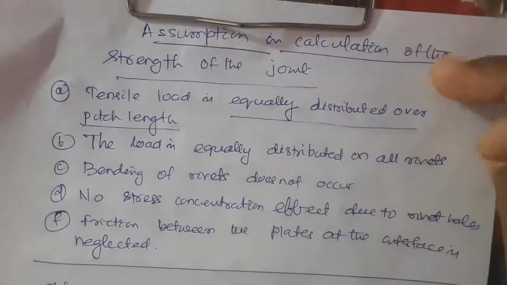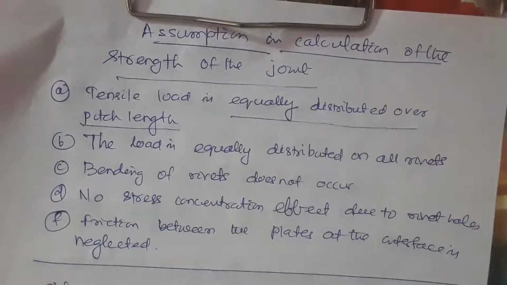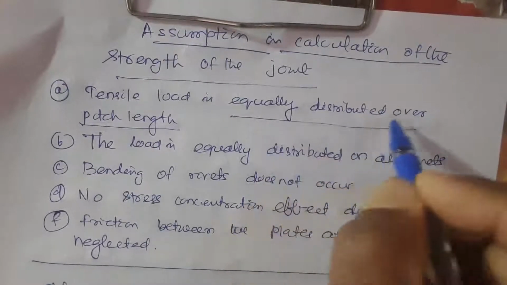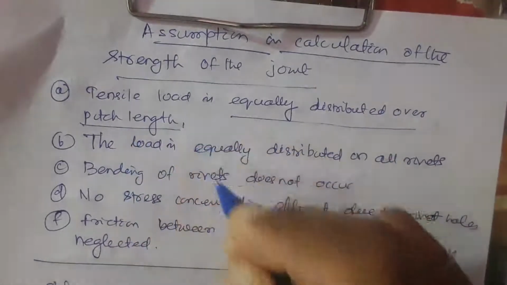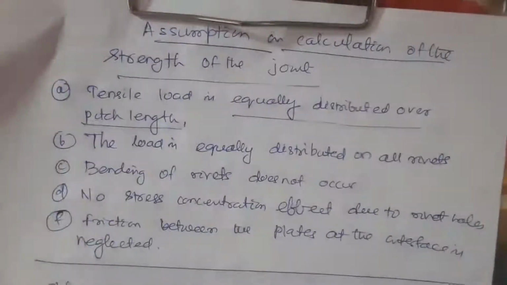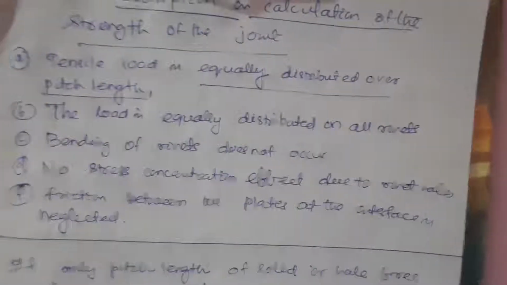In reality, it is more near the rivet and gradually decreases, but for simplicity we consider the tensile load equally distributed over the pitch length, and the total load is also equally divided among all the rivets.